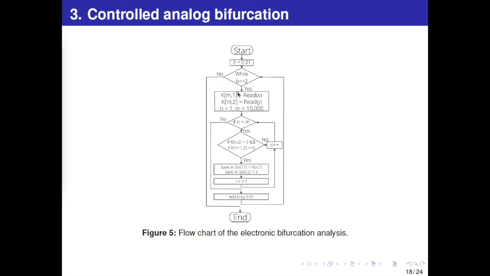We'll only capture 10,000 samples of the x and y states for each specific value of the parameter p. With the acquired data, MATLAB will check for the crossing events of the Poincaré plane, which in this case will be located at y equals 0. These events are then plotted in the bifurcation diagram as will be depicted below.